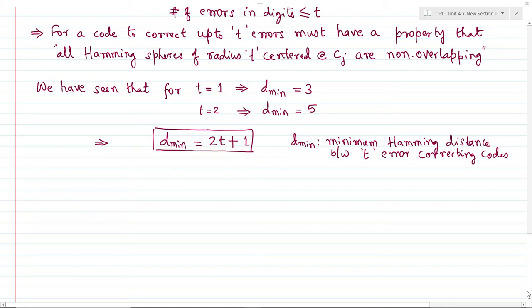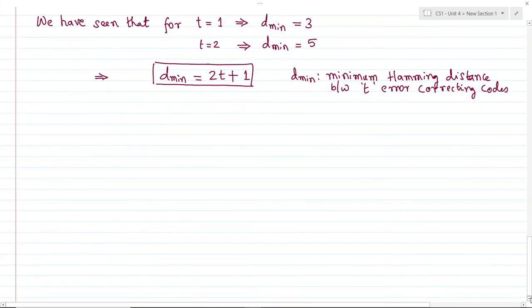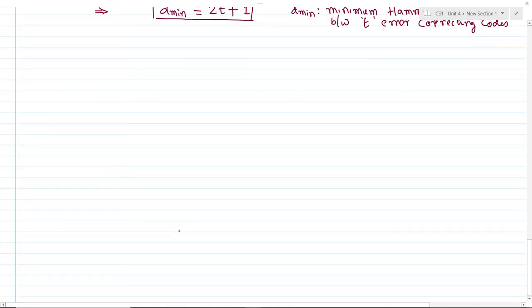Next our job is to find a relation between n and k, which will implicitly give us the number of check digits to be added.